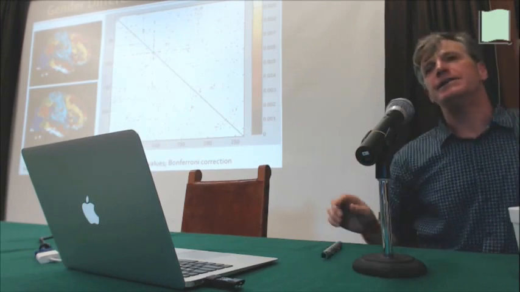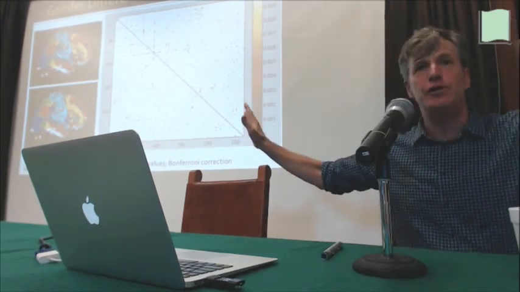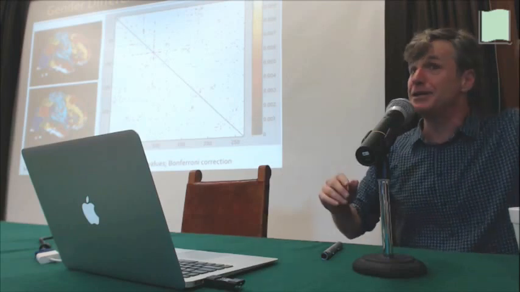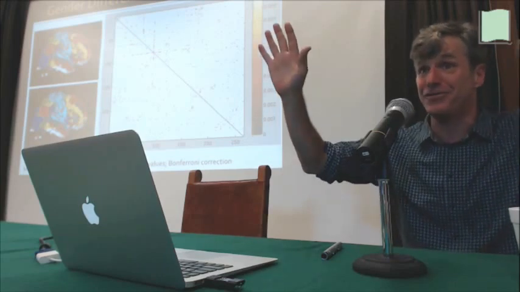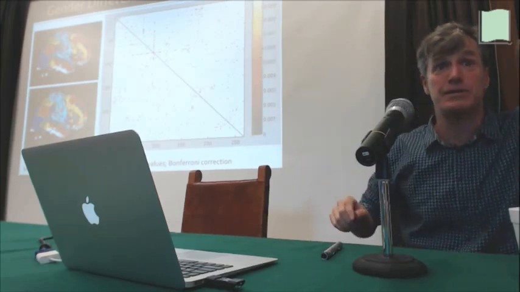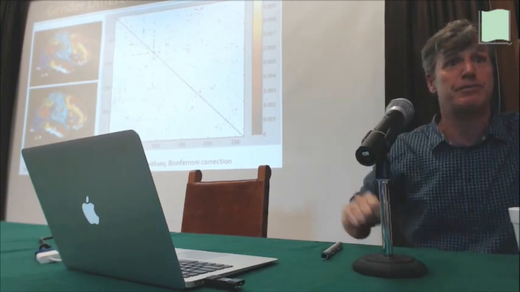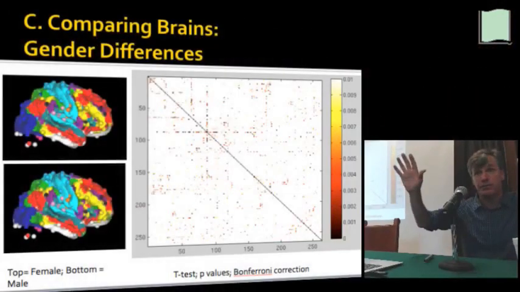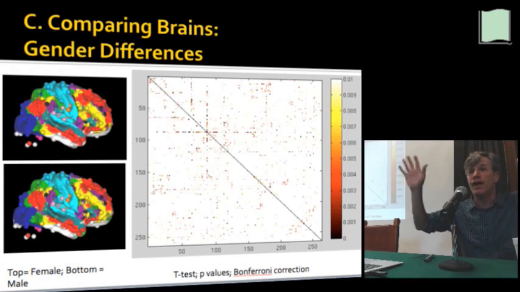But the idea is that if we had an idea that there were different types of human beings, maybe people with schizophrenia and people without schizophrenia, or people with depression and people without depression, or people with Alzheimer's disease, people without Alzheimer's disease, maybe we could find in this data a distinction between those two types of people. And maybe that distinction would reveal something about what's different in their brains that's responsible for the behavioral differences between those two groups.